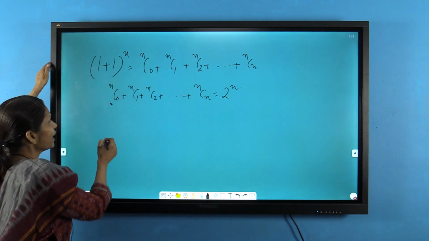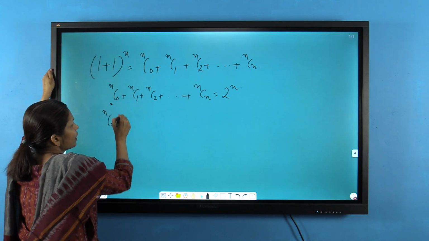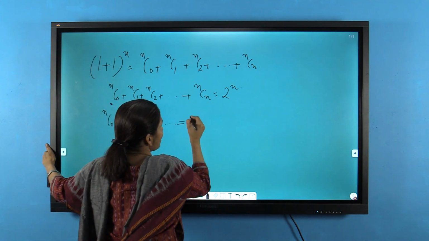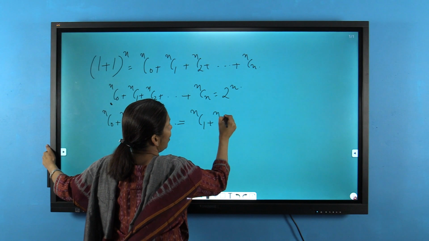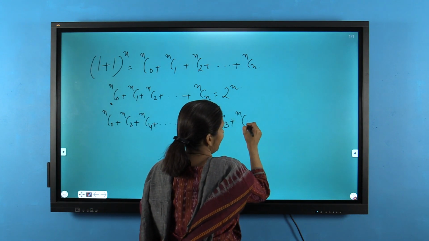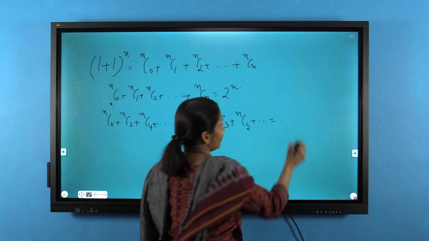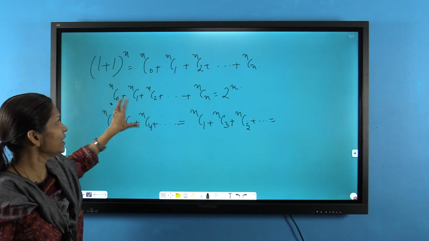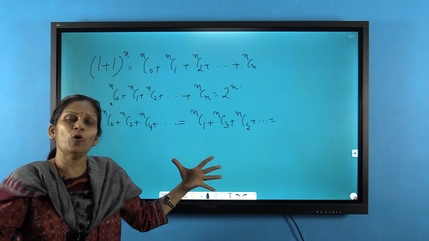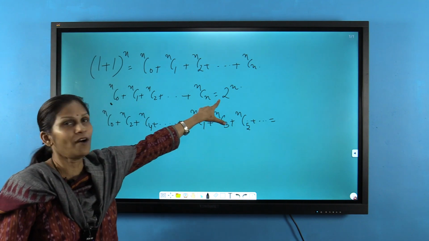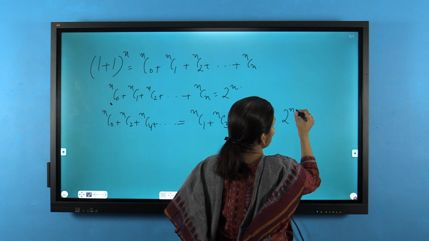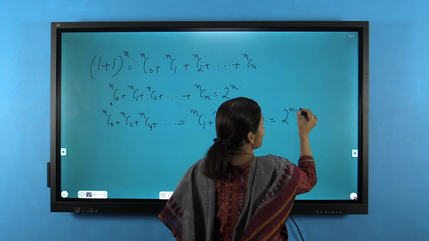So, if I rearrange, I would have nC0 plus nC2 plus nC4 plus etc. is equal to nC1 plus nC3 plus nC5 and so on. Now, the whole sum is 2 raised to n. You are dividing that into 2 equal portions. So, each will be half of this, that is half of 2 raised to n, which is 2 raised to n minus 1.